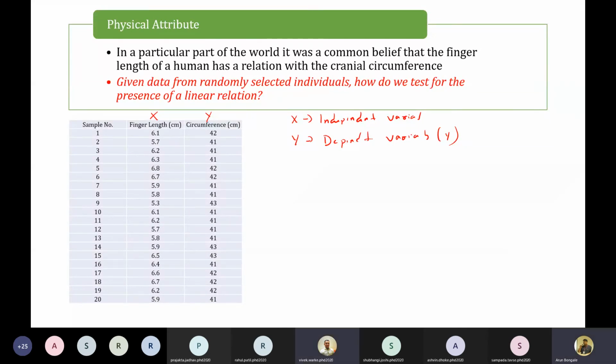We have to plot a graph, sir. So something like this: X, Y, right? Then put the values, plot each value, X and Y. Then we need to fit a line and find out the slope of the line.